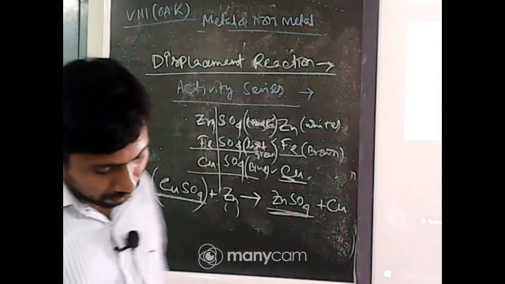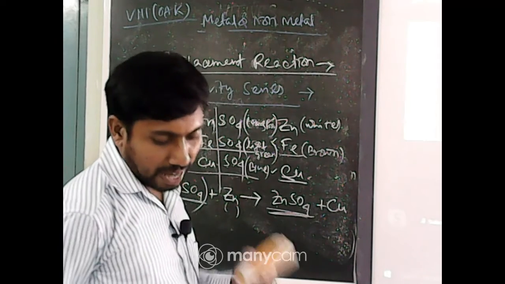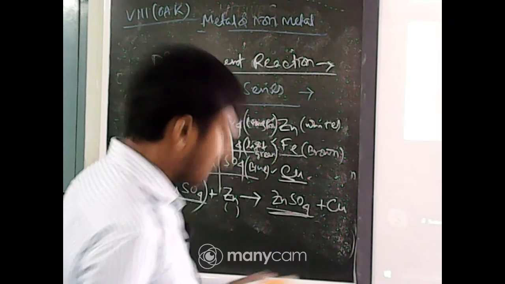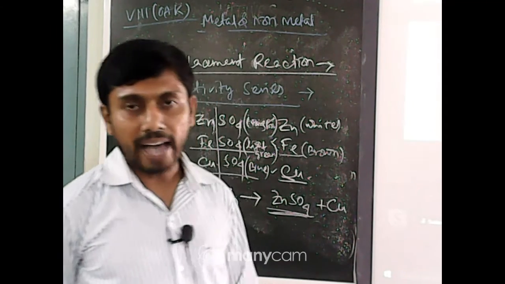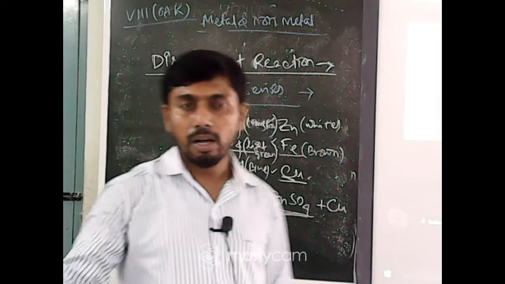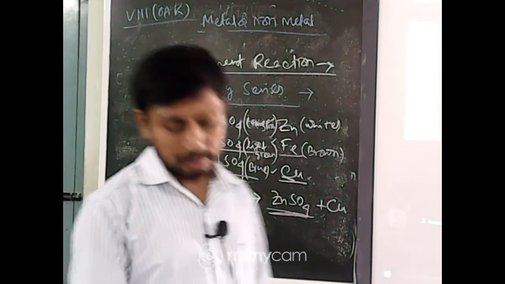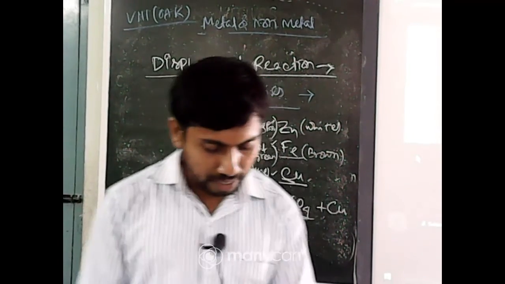Next, copper sulfate and iron. Here also iron sulfate and copper will form. Iron sulfate has a light green color, and copper is brown.